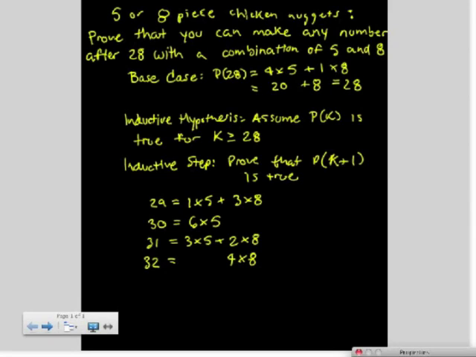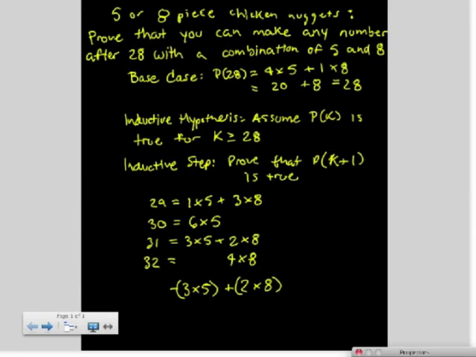For that pattern, we're going to look at what we did to go from 28 to 29. To go from 28 to 29, we noticed our 28 had 4 5-pieces, and now it has 1 5-piece. So what we did is we subtracted 3 5-pieces, and because we went from 1 8-piece to 3 8-pieces, we added 2 8-pieces.